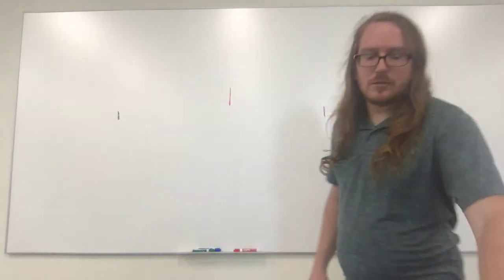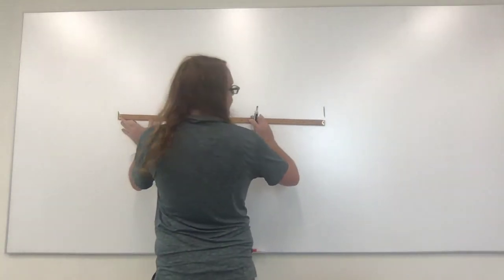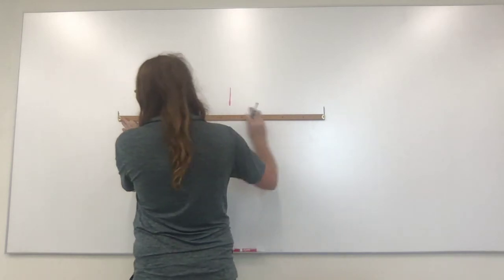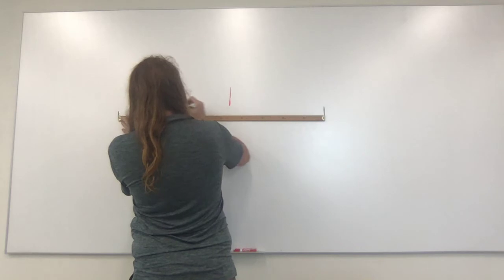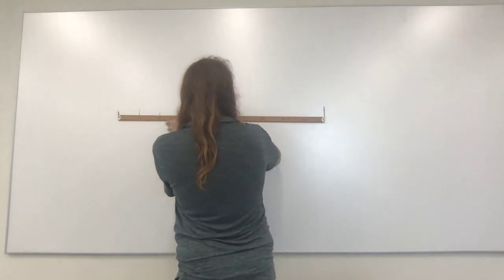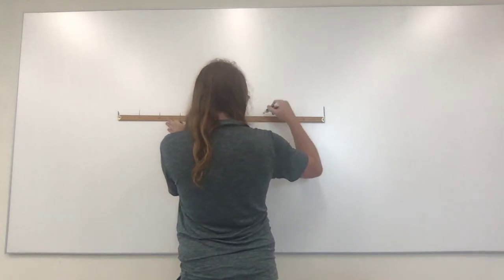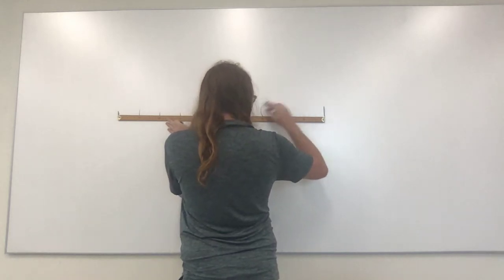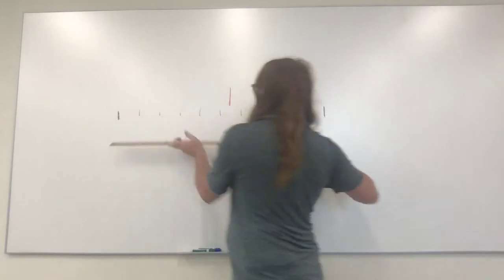Now what we can do is, if I come back, and I'm going to try to not look at the actual exact measurement, I'm just going to draw lines every 10 centimeters. These are not very straight lines, but that's okay.